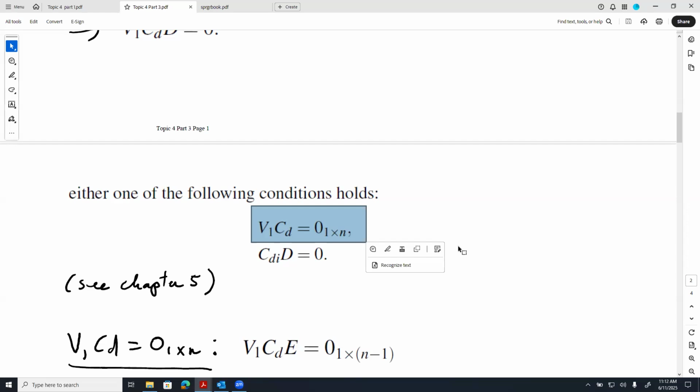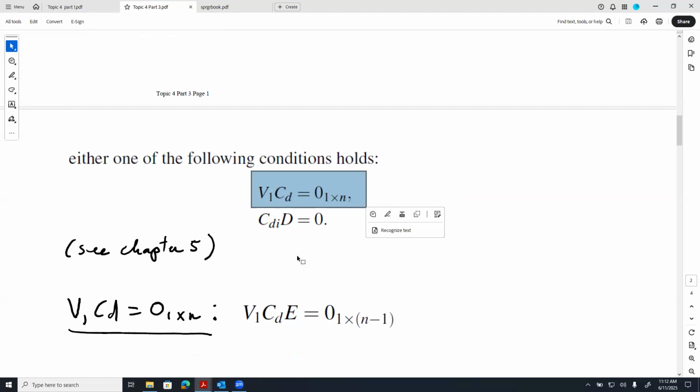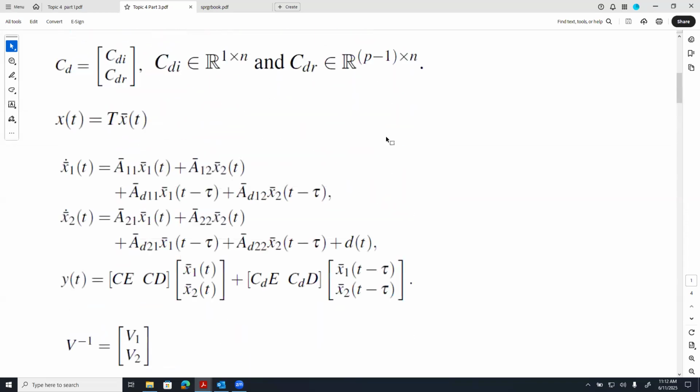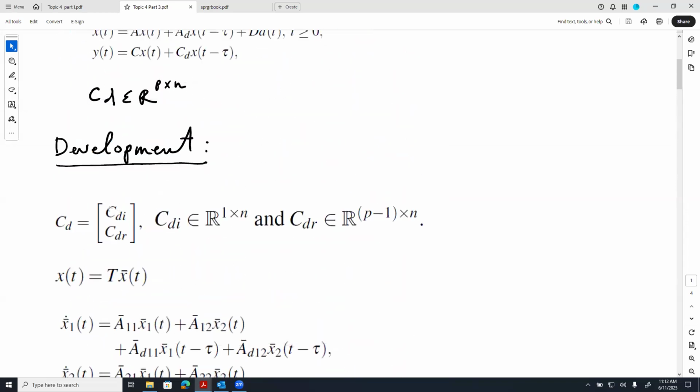And remember, CD is a matrix of dimension P by N. So if we want to realize this condition, which we will come to discuss later on, that would mean that the first row of matrix CD has to be 0, and the rest of them can be anything.